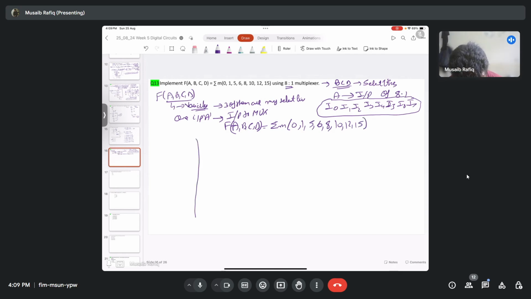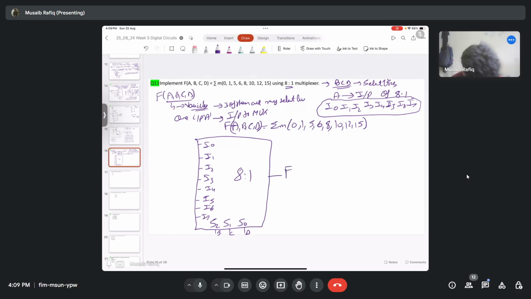So let's just draw the 8 is to 1 mux, S2, S1, S0. This is B, this is C, this is D, this is I0, this is I1, this is I2, I3, I4, I5, I6, I7, and this will be your F, right?